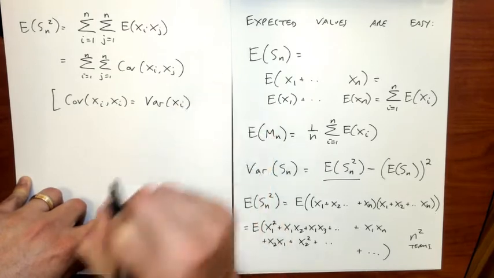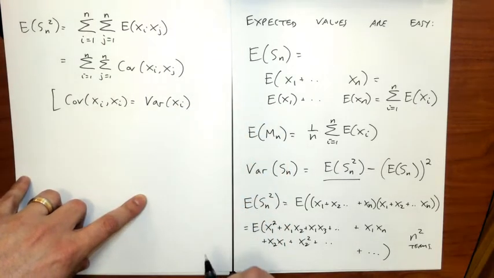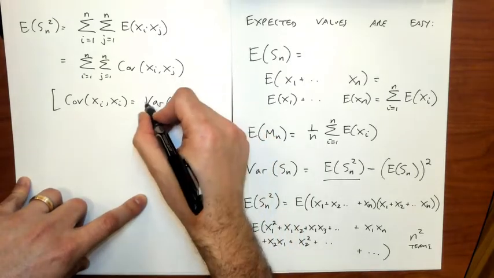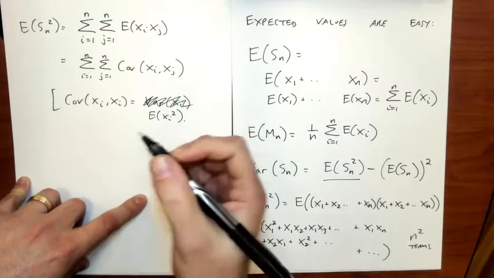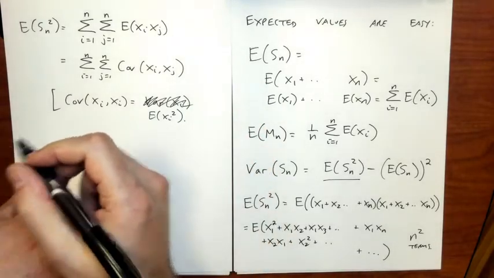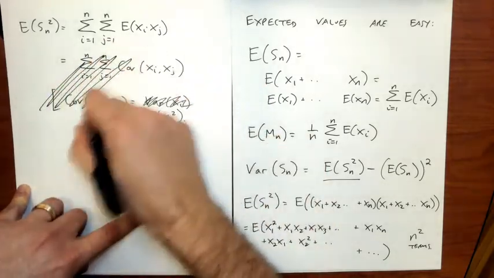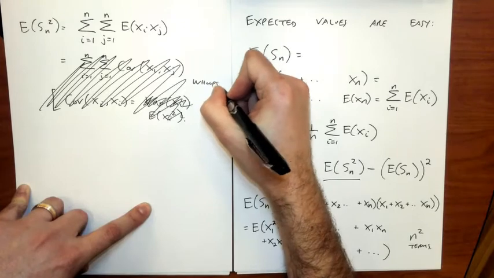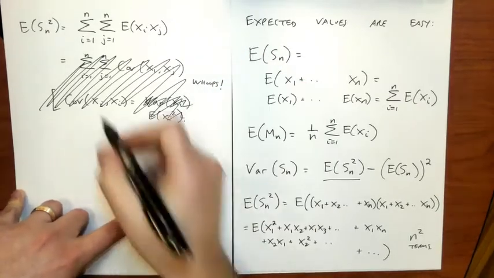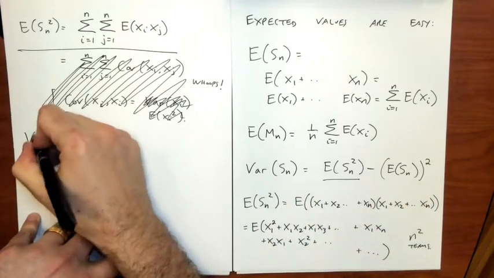Actually, hold on, I messed this up. The covariance is what I get after I subtract off the means, right? So scratch this part out. Sorry, I didn't get here yet. Okay, what I wanted to do was actually this over here, so I'm coming back to this.